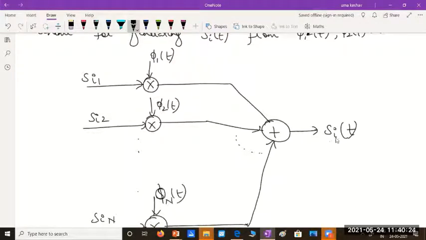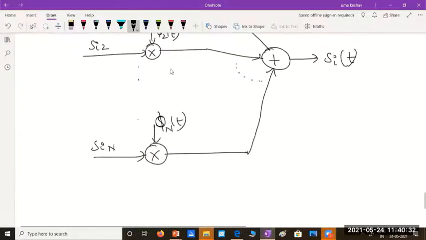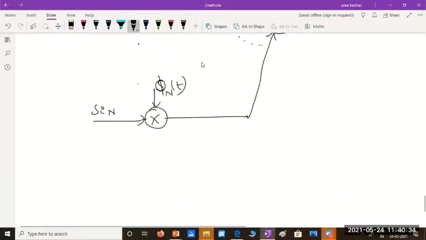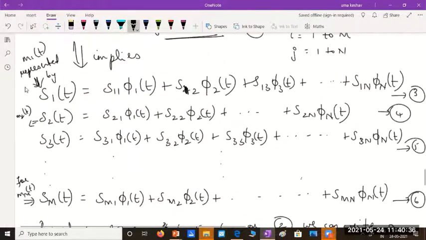Take for example i equal to 1 here. Then you will have S11 into phi 1 plus S12 into phi 2, and so on, plus S1n into phi n. Does it match with equation 3? See, S1 is S11 phi 1, S12 phi 2, and so on, addition.